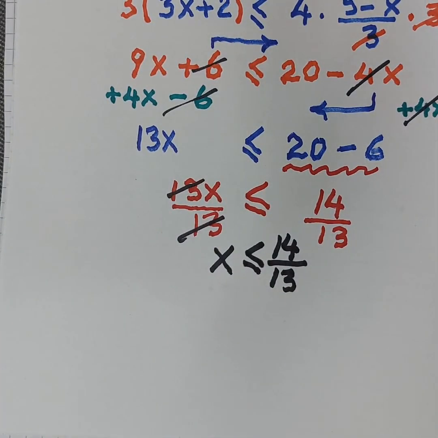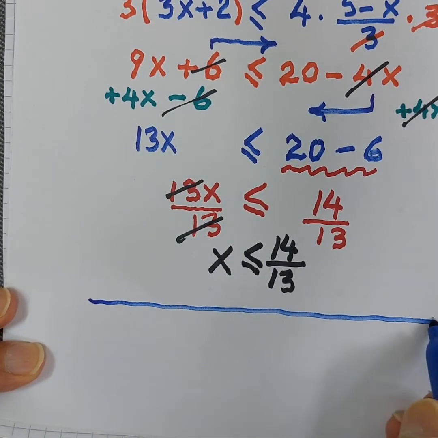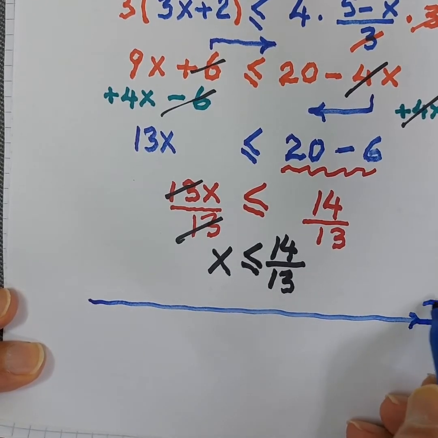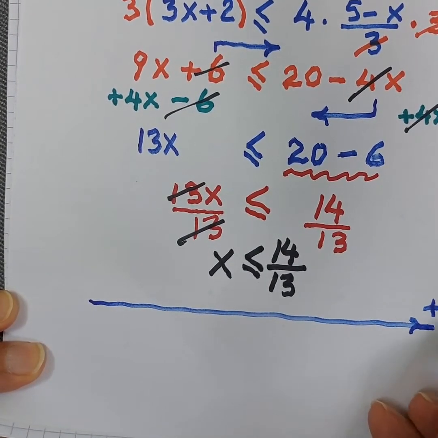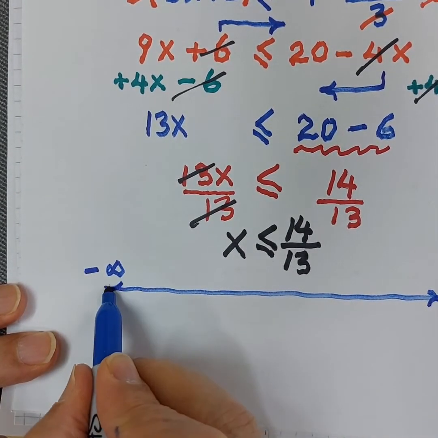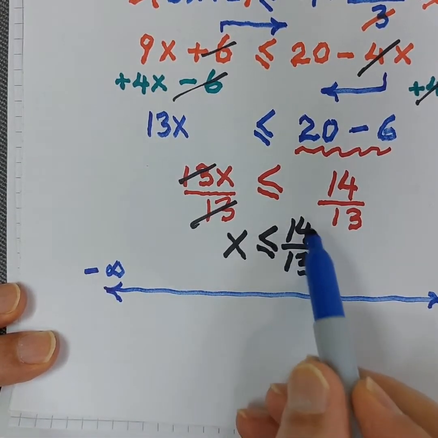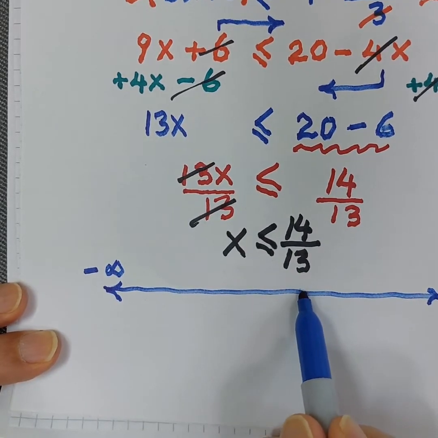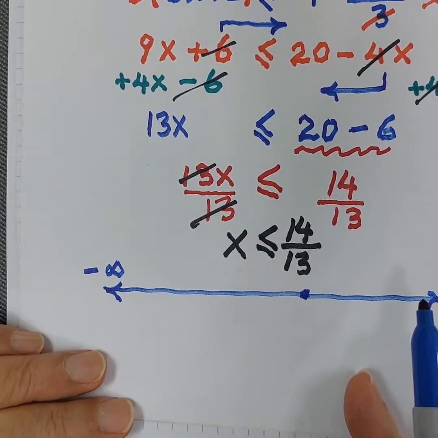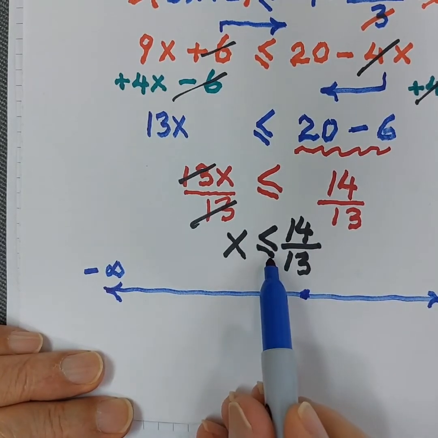How can we represent this on the real number line? If you consider this is the real number line, it extends to positive infinity here and starts from negative infinity. You can choose any point here to represent this number. You see here the sign of less than or equal.